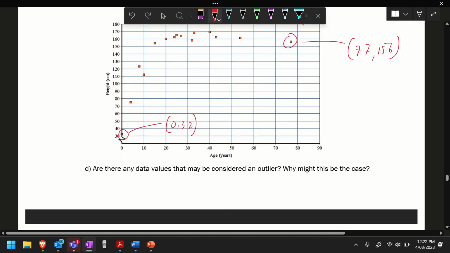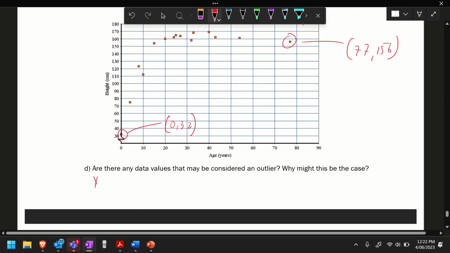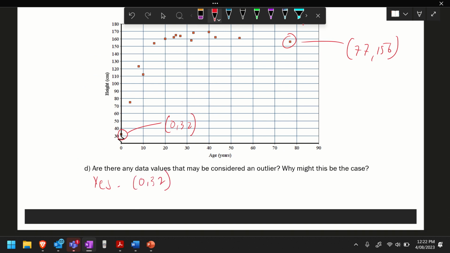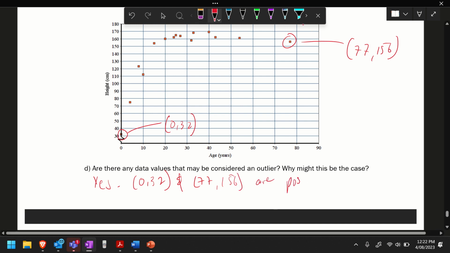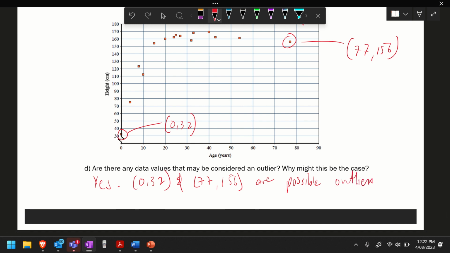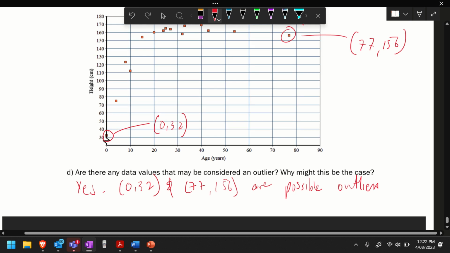So in your answer, you would write yes, 0, 32 and 77, 156, possible outliers. And you've got to come up with an explanation. Not necessarily going to be a mathematical question, but you've got to tell me why.